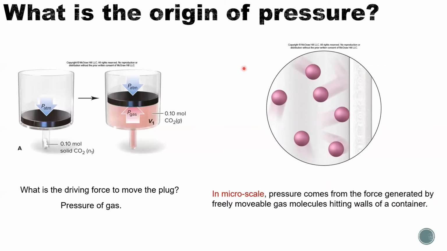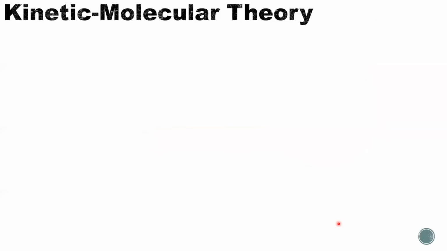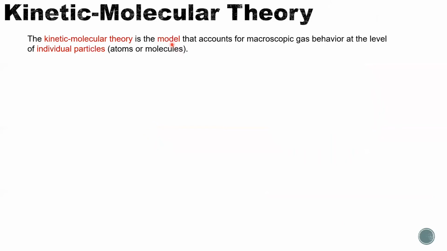In this video, all the concepts will be based on microscale points of view. So we're really looking at these gas molecules individually. Now, kinetic molecular theory is the model that accounts for microscopic gas behavior at the level of individual particles.